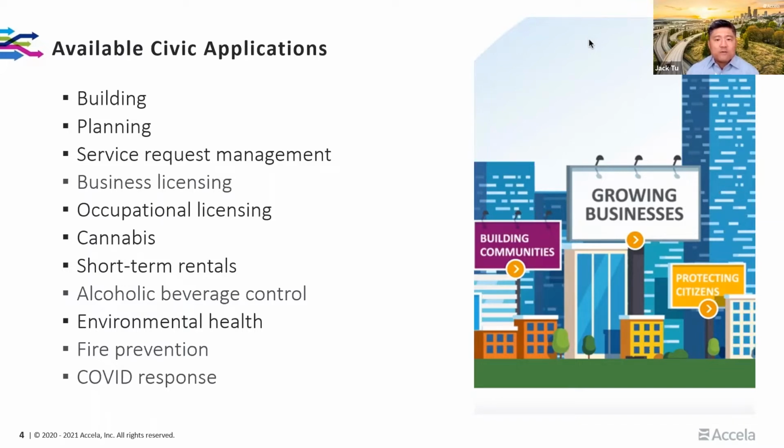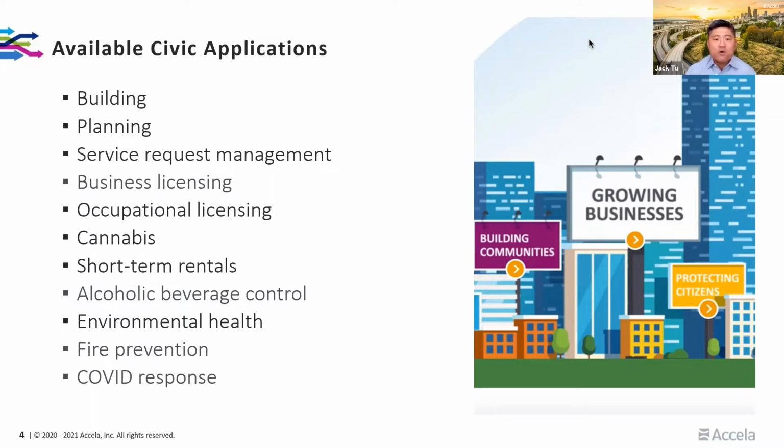With the knowledge that we've accumulated in the last 20 years as an industry leader in government software, we've developed and designed these pre-built solutions using our best practices that we've used in our previous implementations for our product. Currently, we have 11 Civic applications. Each one includes multiple applications for the corresponding group.